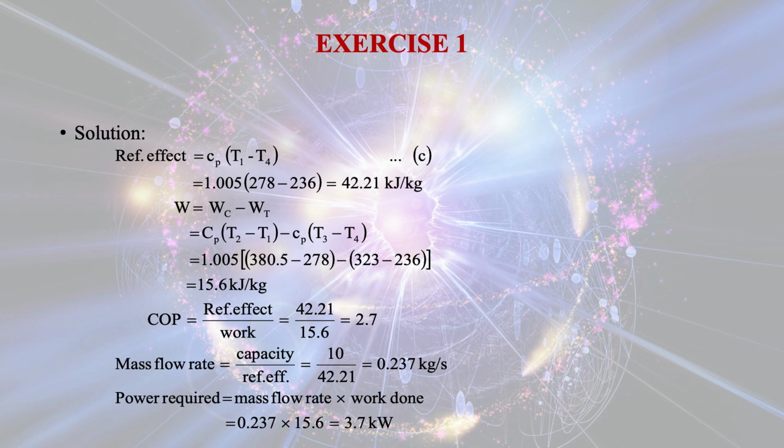So we know T1, T2, T3 and T4 and the value of Cp, that is 1.005. Put all these values, and the value of W comes out to be 15.6 kJ per kg.